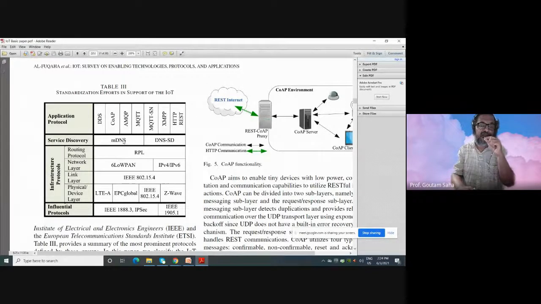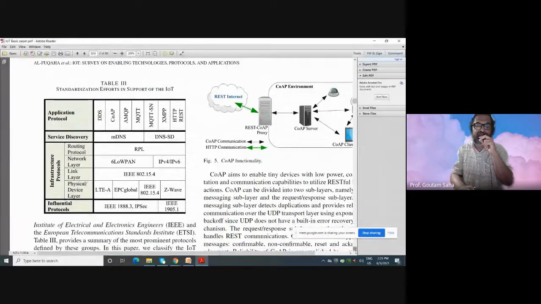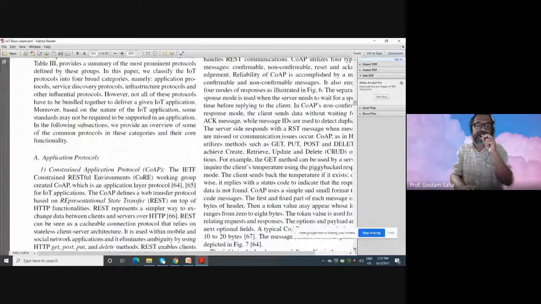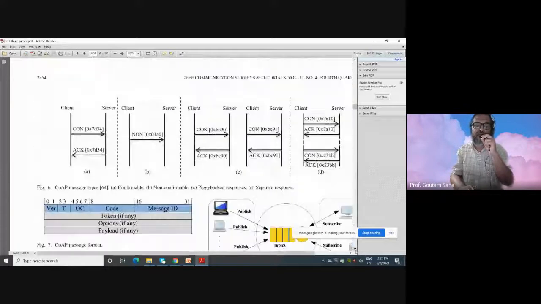Then routing protocols: RPL, and we have used 6LoWPAN, and IPv6 also sometimes, and IEEE 802.15.4 and also 802.11. And I told you that we have made a switch which can use both of them, where both of them are accessible. So these are the protocol stack. This is very useful for you. This is to be understood very carefully, to see how to design application protocols like CoAP, etc.